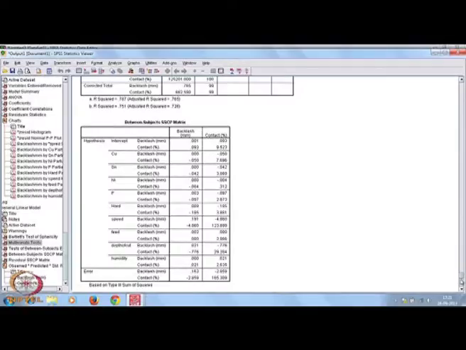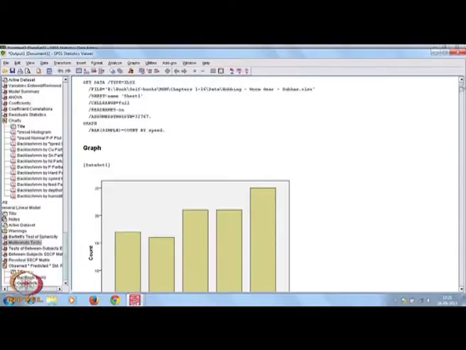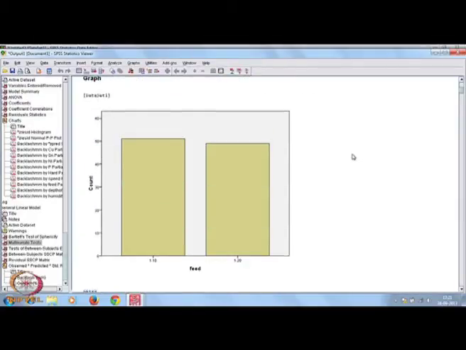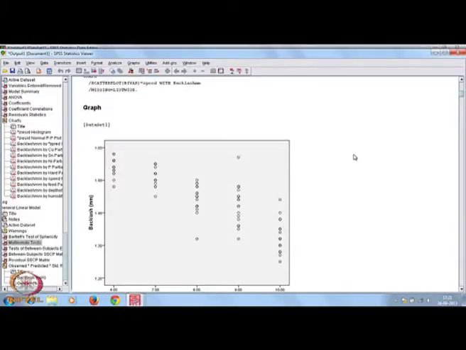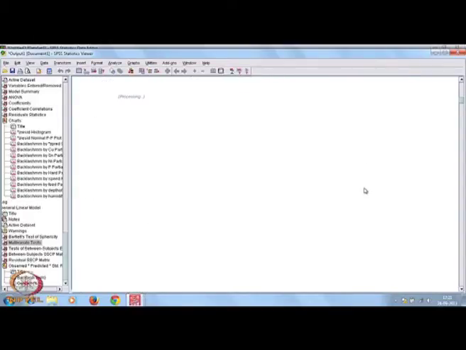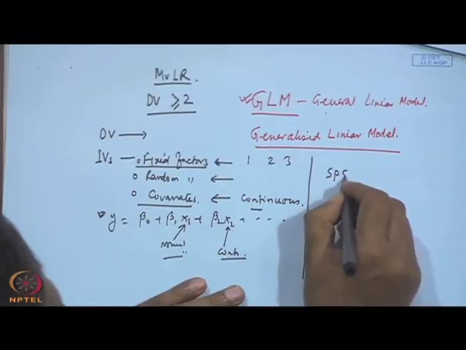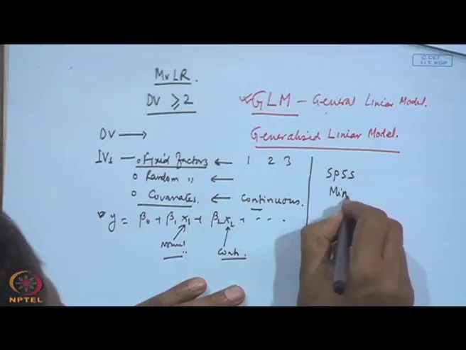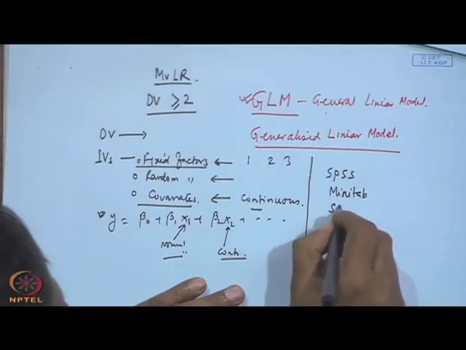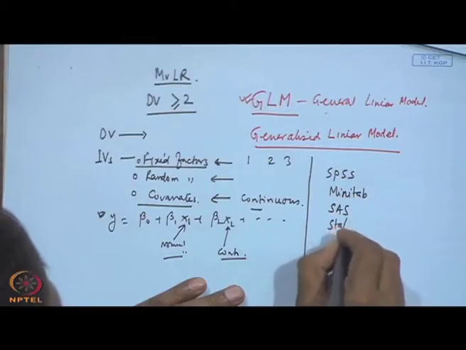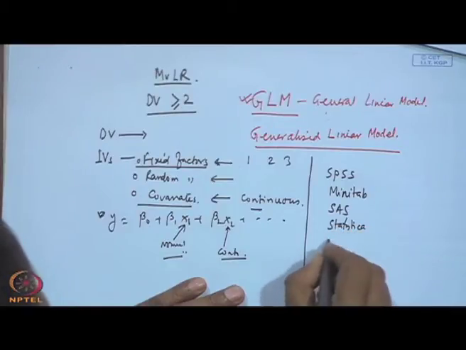Values like residual plots. So, if you know the theory and if you are really applying multivariate statistics, then SPSS is a very good tool. You can use SPSS, you can use Minitab, you can use SAS. There are many statistical software packages: SPSS, Minitab, SAS, Statistica, CStat.